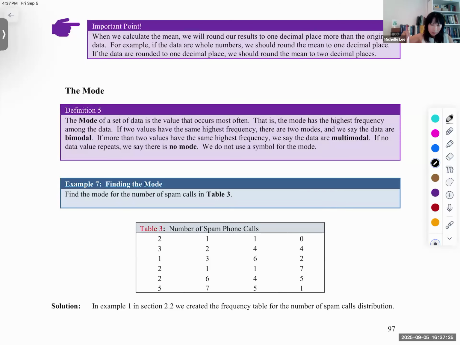Then they say that if we have a whole number, then the answer must be rounded to one decimal place. If the original data set has one decimal, then we have to answer with two decimal places.